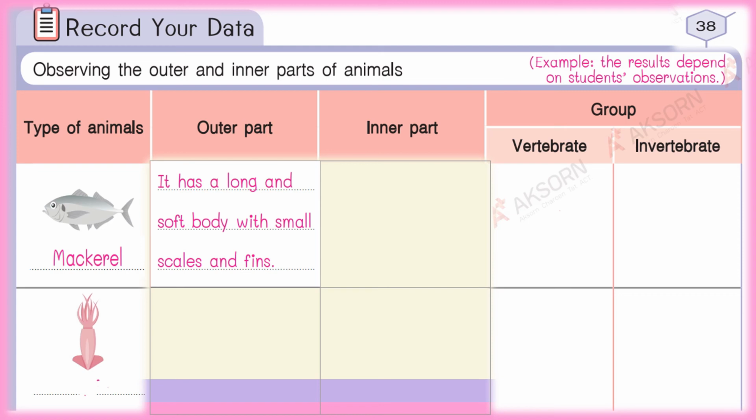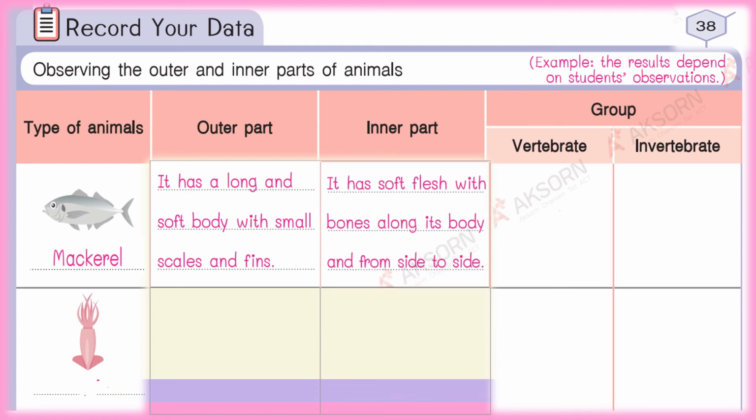How about the inner part? It has soft flesh with bones along its body and from side to side. Okay, what is the group of mackerel? Is it vertebrates or invertebrates? Okay, very good. That is vertebrate.